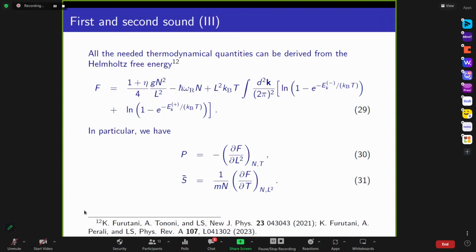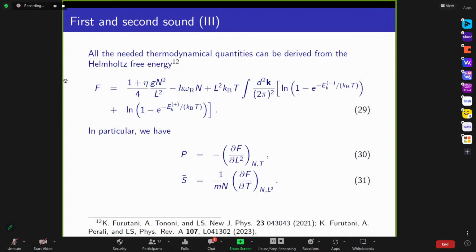To calculate the entropy and the pressure, you can use equations 30 and 31, which give the pressure and the entropy in terms of the Helmholtz free energy, doing some partial derivatives. And for the Helmholtz free energy, you can again use the elementary excitations that I have shown at the beginning.